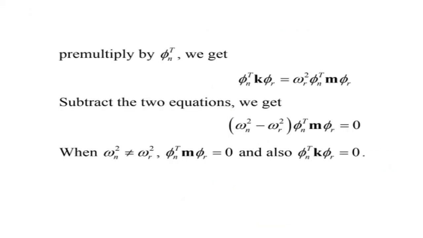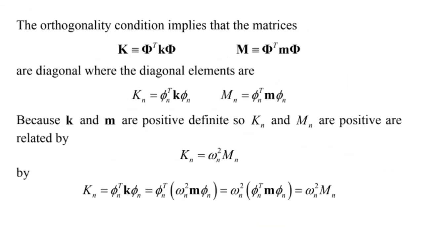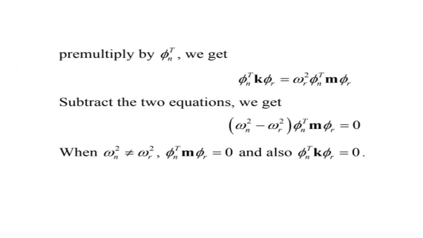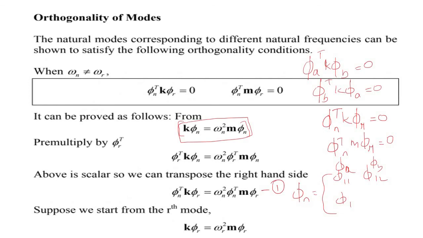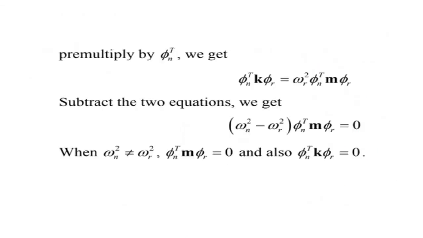So this is my equation. I am taking the rth mode. Now I am again pre-multiplying it with the other one, that is phi n transpose K phi r is equal to omega r square, the same equation.